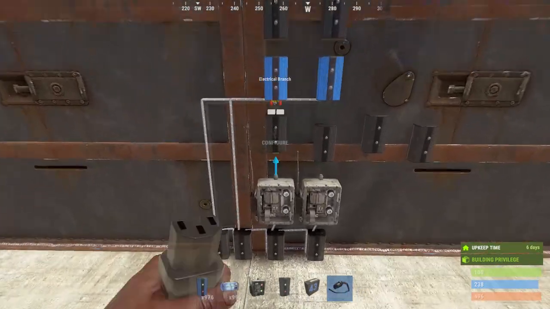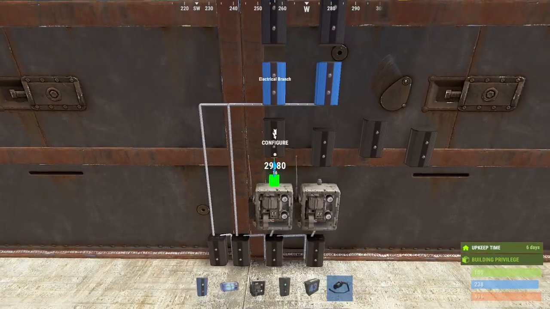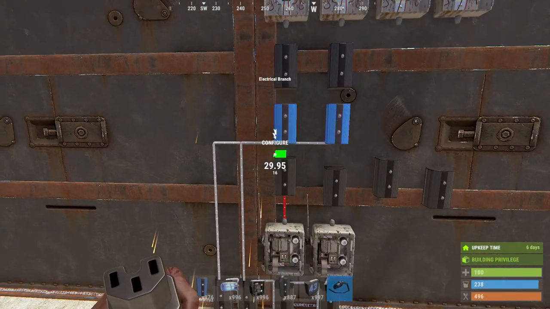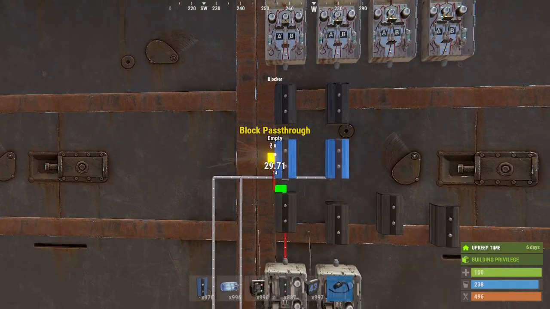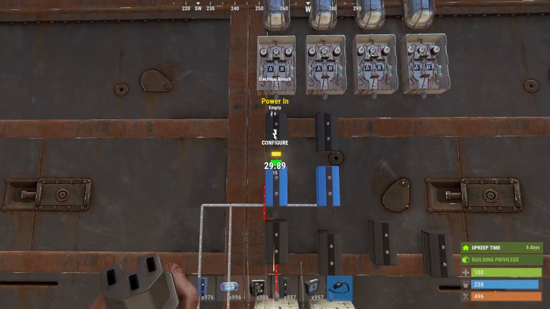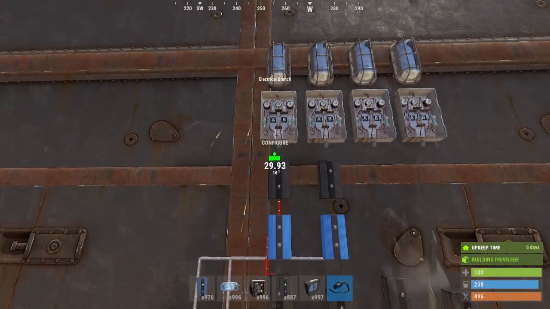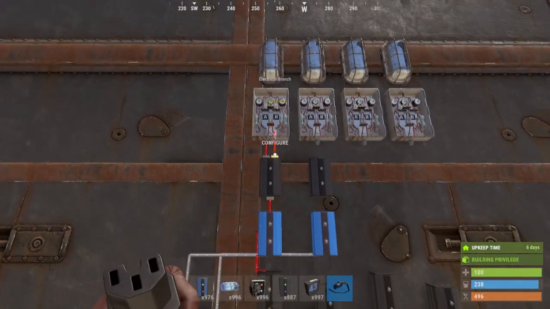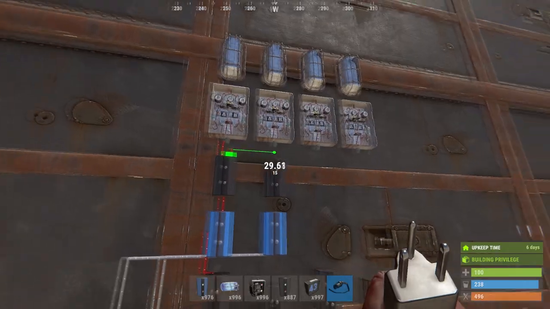First, you'll make sure your switches and blockers are powered, represented by the white wire. Next, represented by the red wire, is your A line. You'll take that up to AND gates 1 and 3 from the top branch.